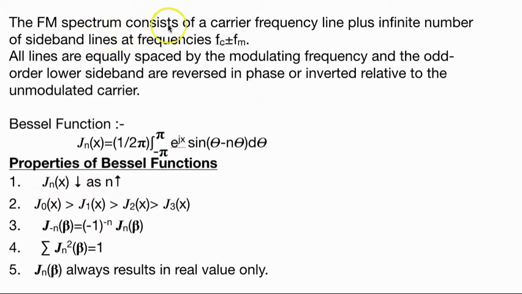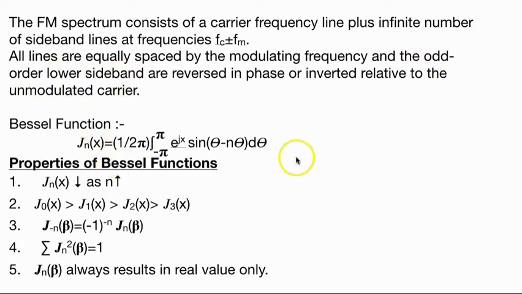The FM spectrum consists of a carrier frequency plus an infinite number of sidebands at frequencies fc plus minus n fm. All lines are equally spaced by the modulating frequency, and the odd order lower sidebands are reversed in phase and inverted relative to the unmodulated carrier. This happens with only the odd order lower sidebands.